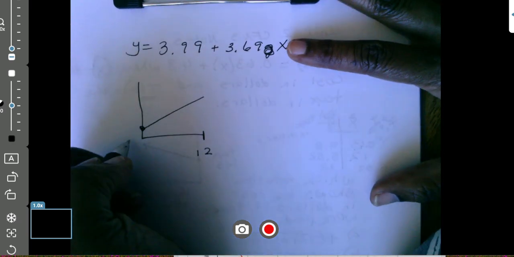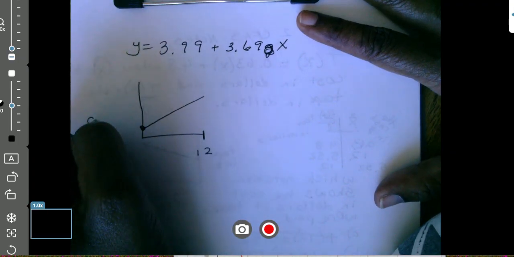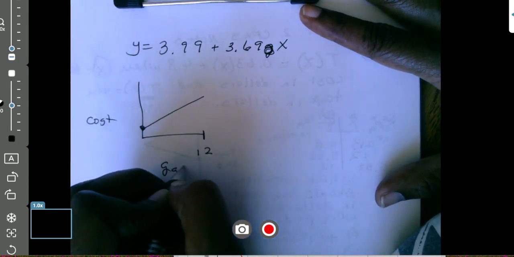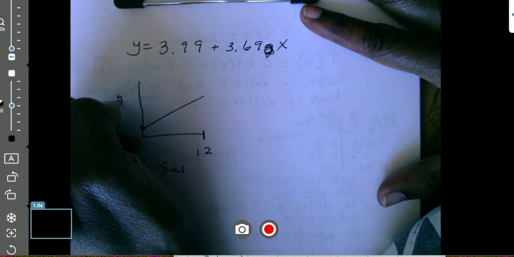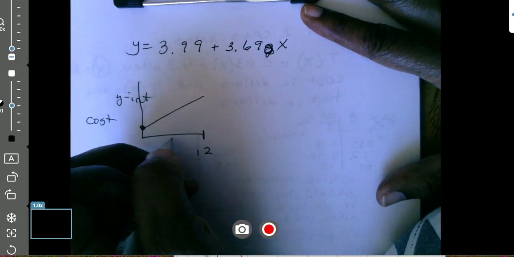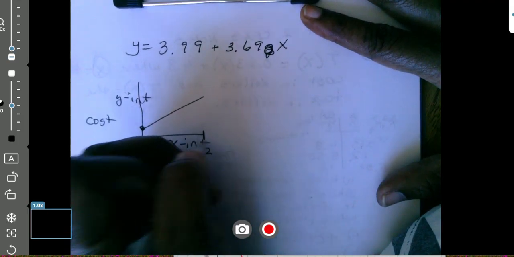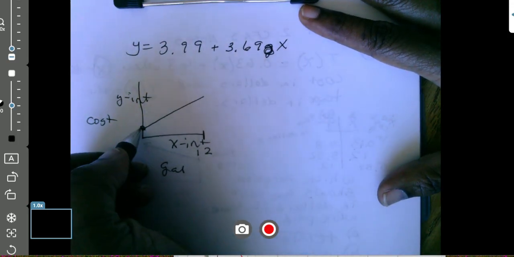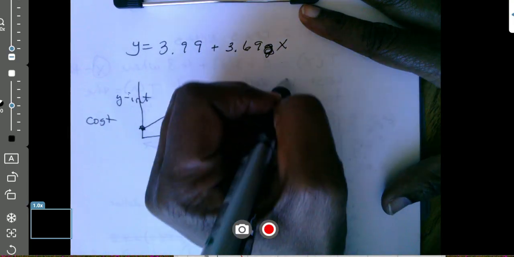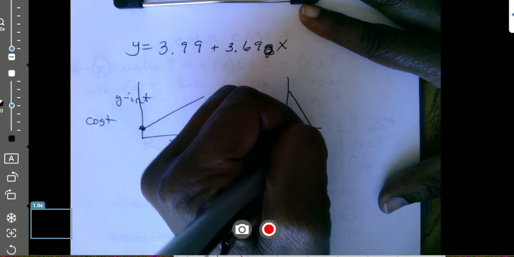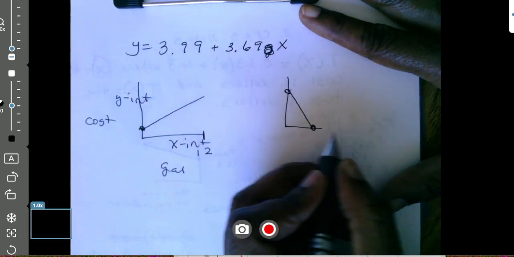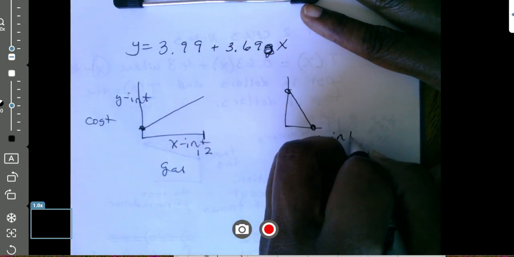Alright, so the domain and the range. This is the cost. This is the gallons. This is the y-intercept. This is the x-intercept. This is how much it costs initially. If you have a graph that comes this way versus this way, this is your x-intercept.